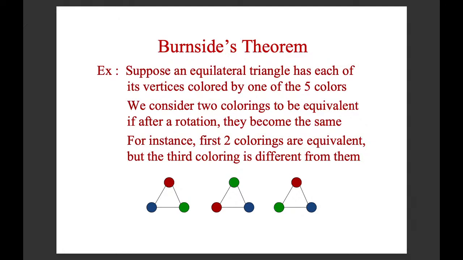But some colorings are considered to be the same because after rotation, if one can be mapped to the other, they are the same. So we want to find out how many distinct ways there are to color such that no two ways are considered the same.